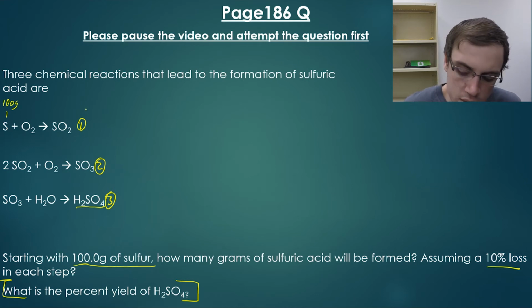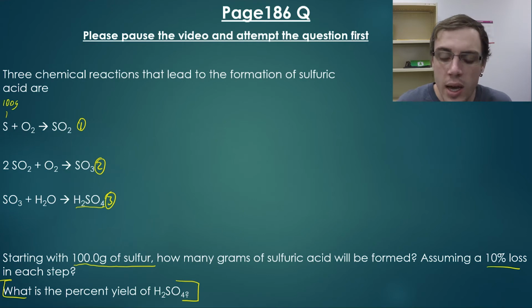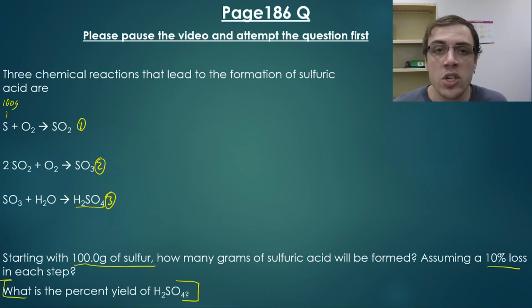So the first equation here, we obviously need to use our sulfur to calculate our total products, because this product will then become our reactant over here. Now, we're going to assume that we're going to have oxygen in excess because we're not given any information about oxygen, and it's safe to assume that that oxygen is just coming from the air, it's just exposed in a container.